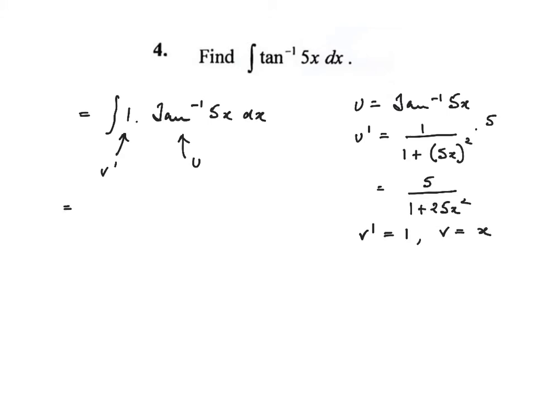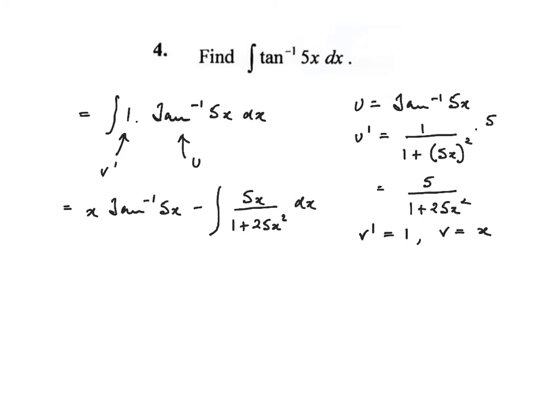So it's uv, so it's x times tan to the minus 1 of 5x minus v u dash. So v times u dash is 5x over 1 plus 25x squared.